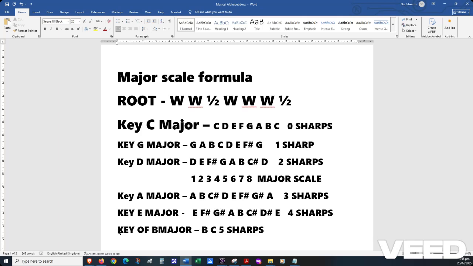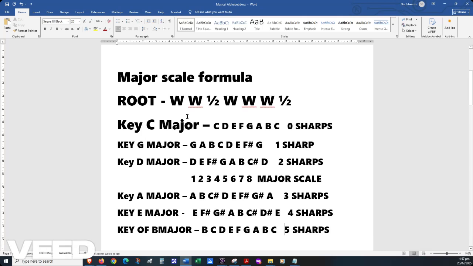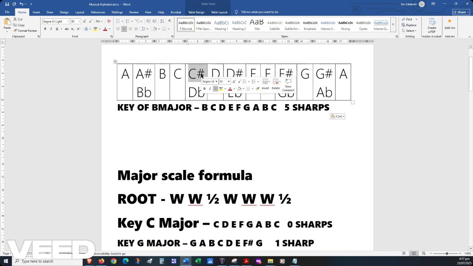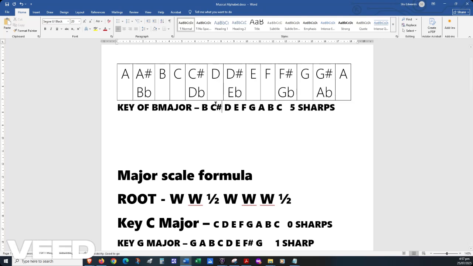Write the alphabet first. C, D, E, F, G, A, B, C. And let's bring this right up the top here so we can see it. Starting on B, whole step C sharp, whole step D sharp. So we're going to put those in there like that.